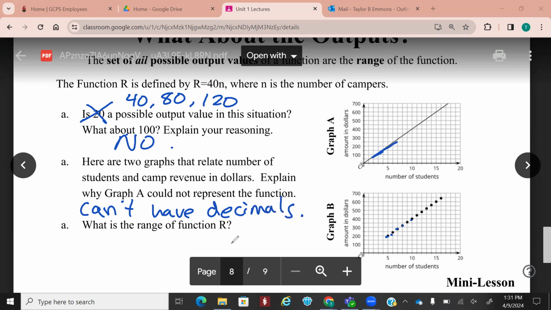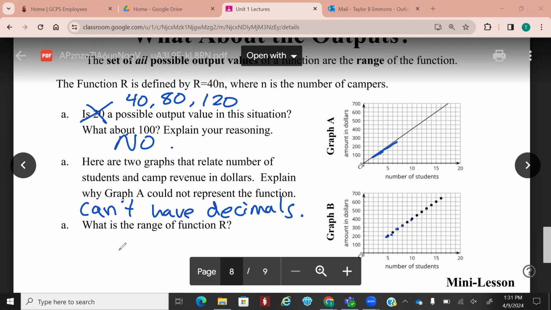Okay, what's the range of function R? So function R is right here. It's defined by R equals 40 times N, where N is the number of campers.